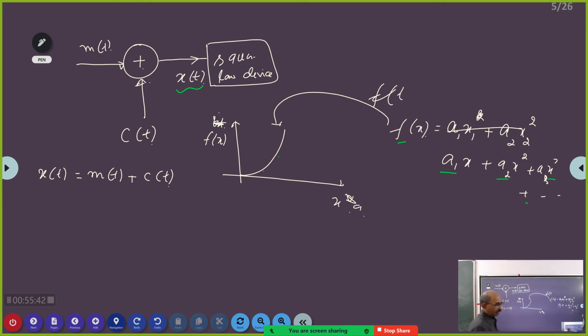When added, you are going to get this. Is it clear? That means this function contains squares and cubes and fourth powers and fifth powers of x. Now all that you have got to do is pass this through a filter which will only abstract the square. Correct?